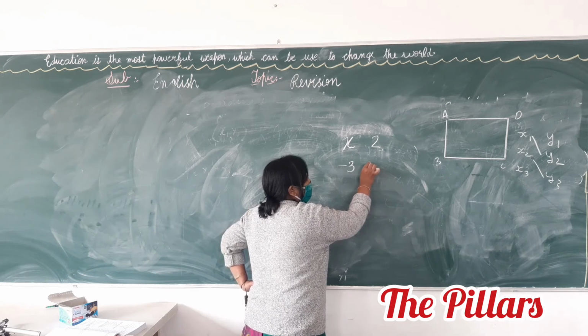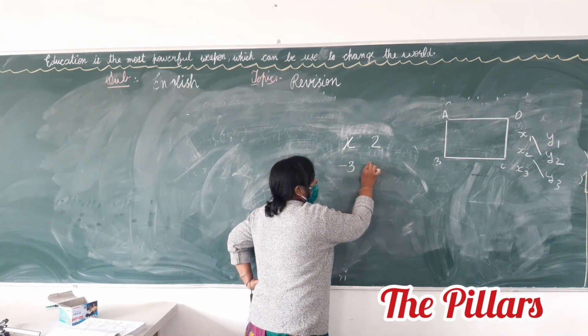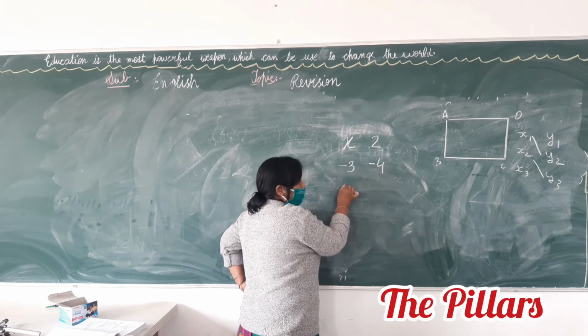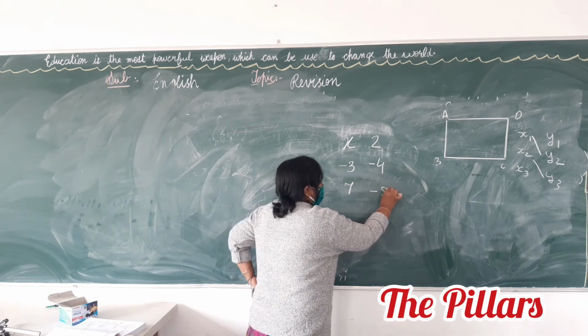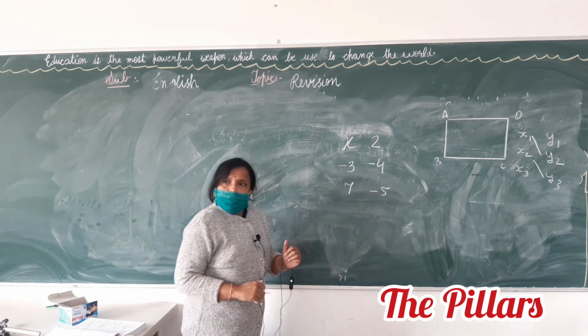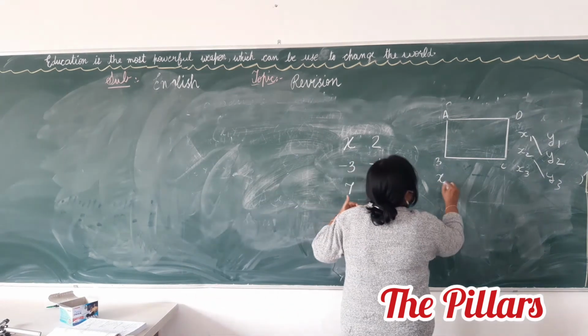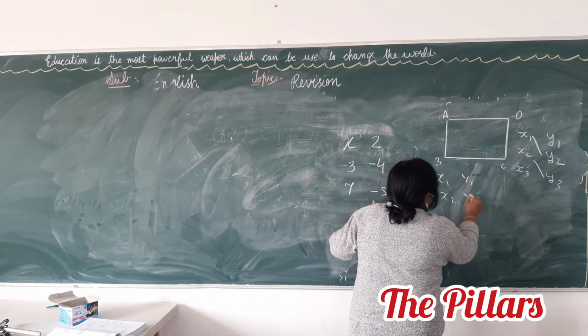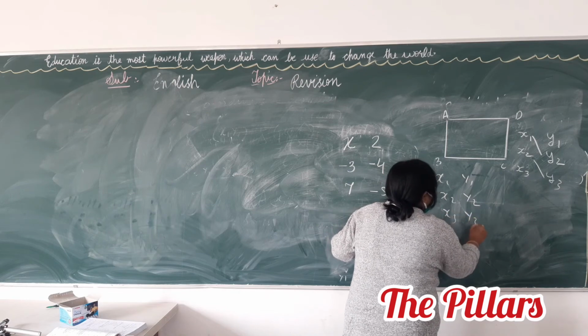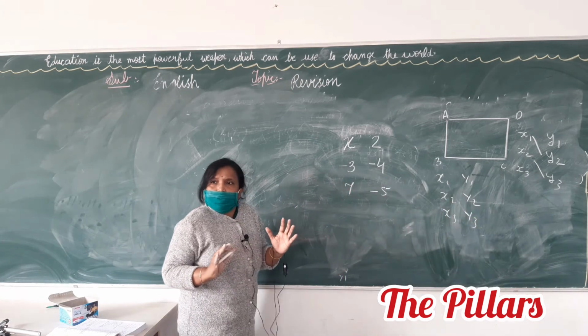Minus 3 comma. And what is the third point? This is how first we will write all the 3 points. This is what we have done or not? X1, Y1, X2, Y2 and X3, Y3. First of all, we have written all the 3 points.